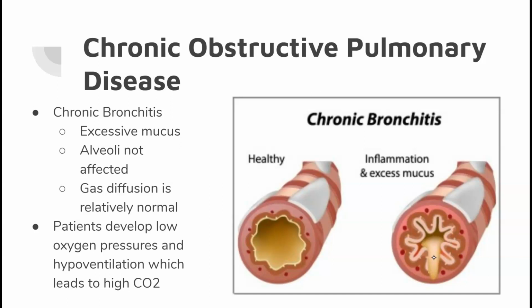Chronic bronchitis is just an excessive mucus production, okay? It doesn't really affect the alveoli. It's all of the bronchioles, and all those goblet cells are just like, hey, I'm feeling really frisky today. I'm gonna produce a little too much mucus, right? And that mucus is considered chronic bronchitis because it's also just a level of inflammation. That mucus is also a really good habitat for bacteria, so you can have chronic infections.